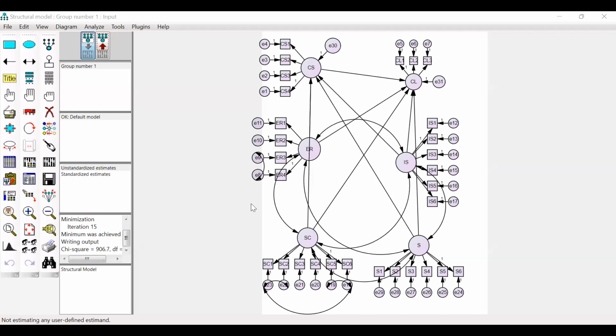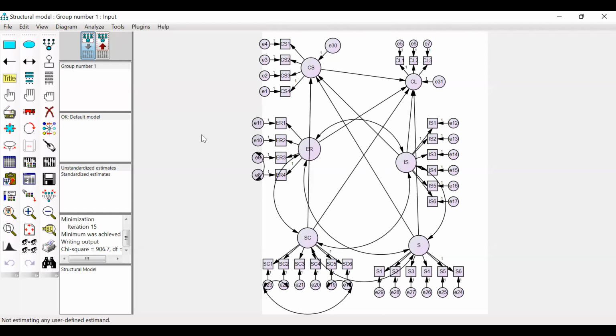Is there a mediation or mediating relationship which you can see here? Yes, Professor, it is there. What can be a mediator here? CS, customer satisfaction. Yes, exactly.